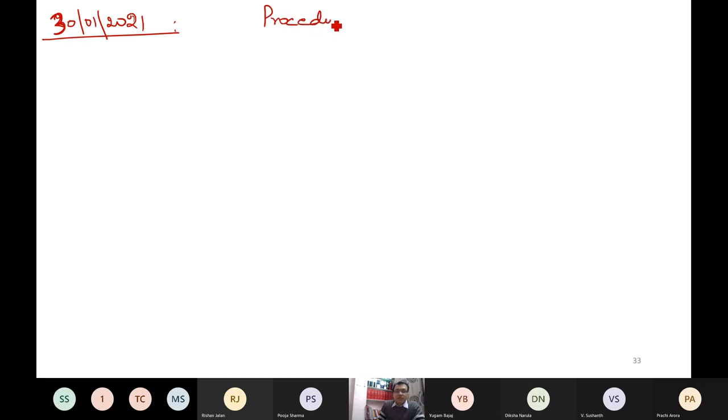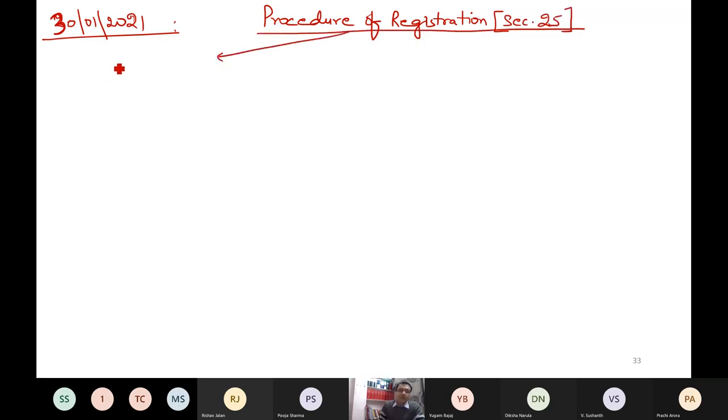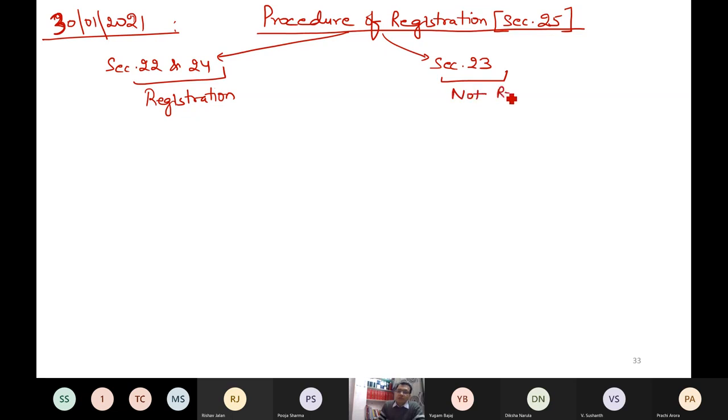So the next topic which is started today is the procedure of registration. Before discussing this, you must know that section 22 and section 24 tell me the people who have to take registration, and section 23 gives me the names of those people who are not required to take registration.